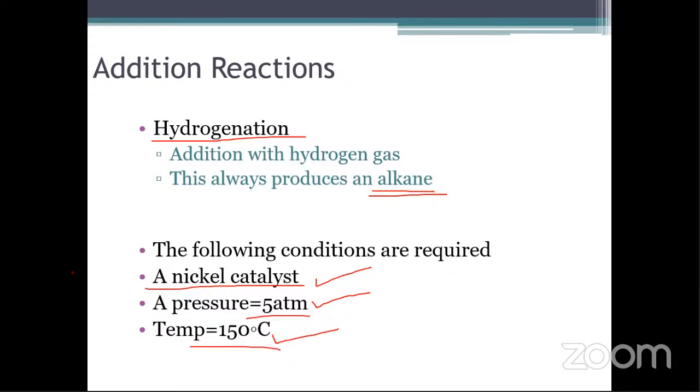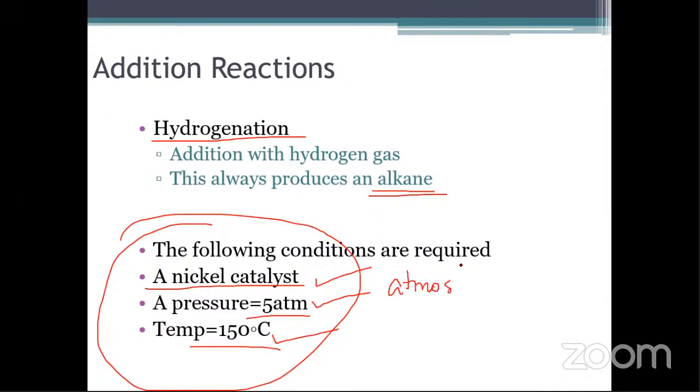It's right here. This is a nickel catalyst and the pressure is 5. This is what ATM stands for, miss. It stands for atmosphere. 5 atmosphere and the temperature is 150 degrees Celsius.